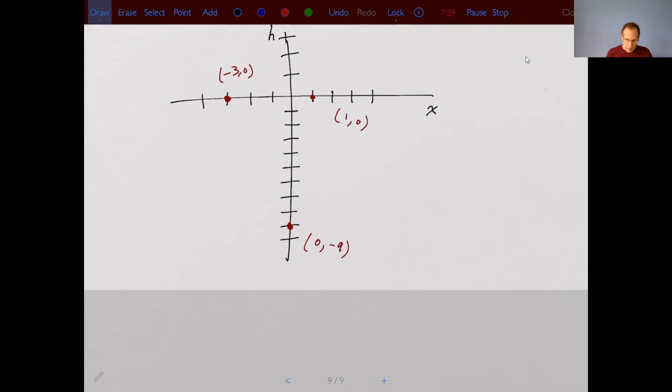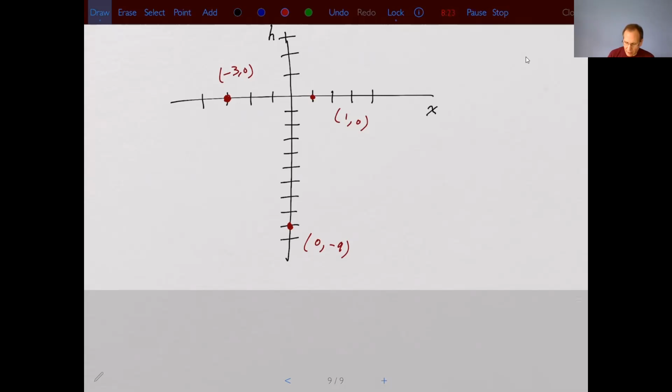Okay. Now, because x equals -3 was a double root, right? It had multiplicity of 2. Then we know that near this point, (-3, 0), it must look like a parabola, right?